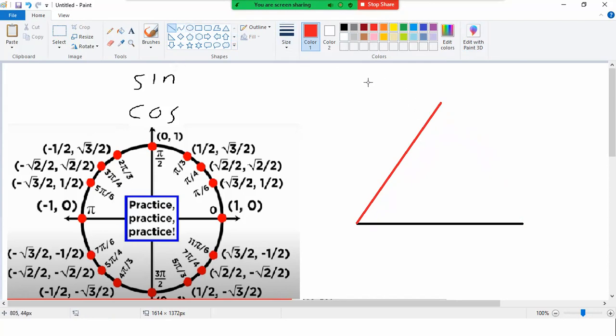Let's say that there is a large light right here, a large light, and this light is shining rays down.